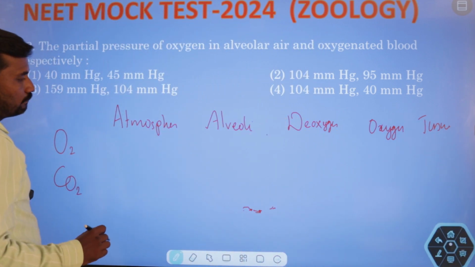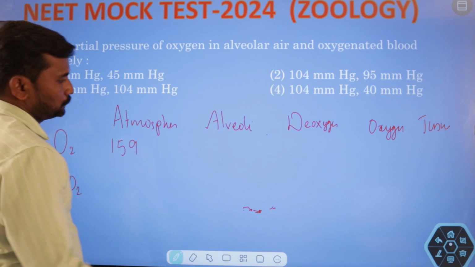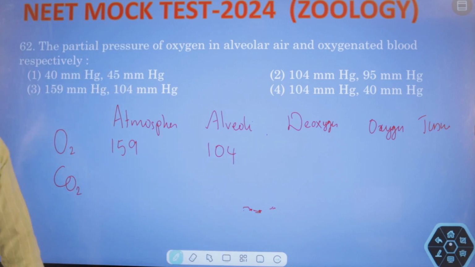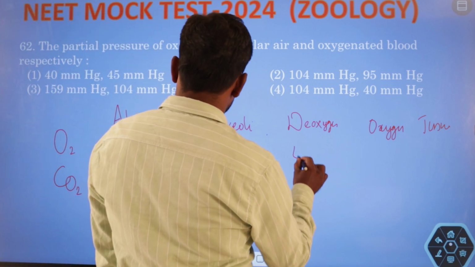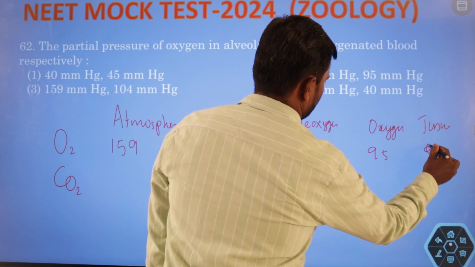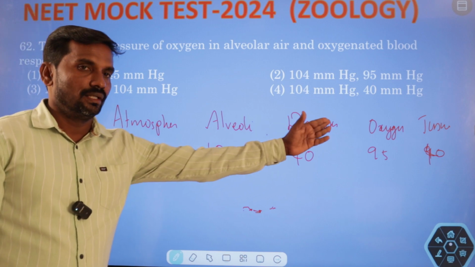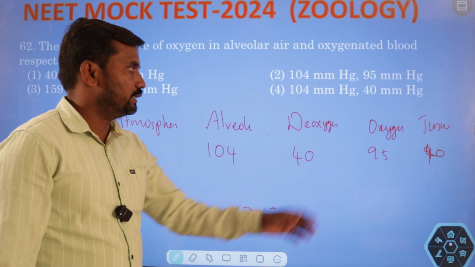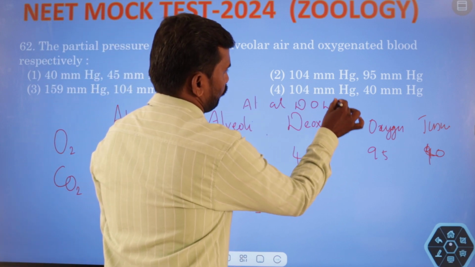Very well. First we need to remember 159 in the atmosphere, 104 in the alveoli. The partial pressure of oxygen: 159, 104. Then what we need to remember? 40, again 95, again 40. How can we remember? Remember the word ATALDOT.